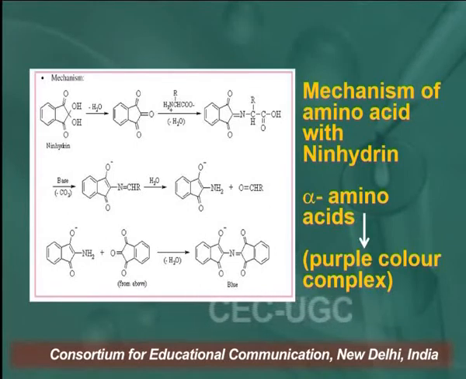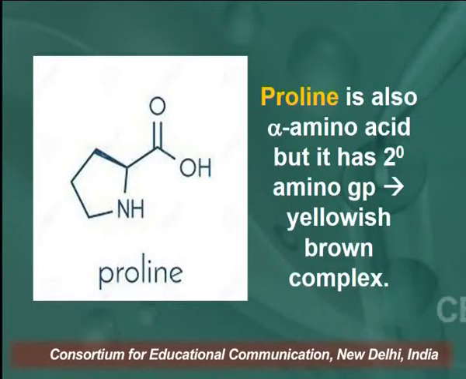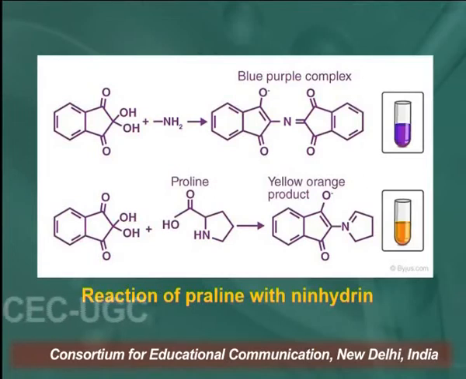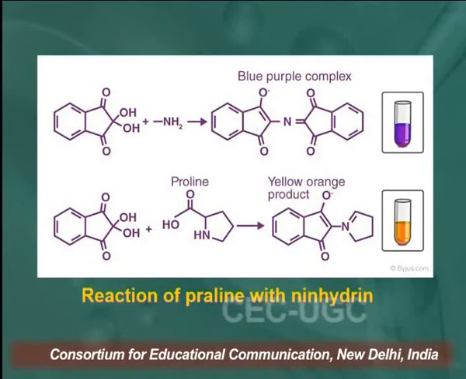Proline is also an alpha amino acid, but it has a secondary amino group, so it gives a yellow-brown complex. You can see how the reaction takes place with amino acids having a primary amino group and amino acids having a secondary amino group. On that basis, we get a blue color if there is an NH2 group, and if there is a secondary amino group, we get a yellow color.